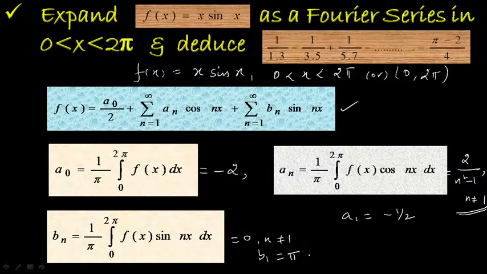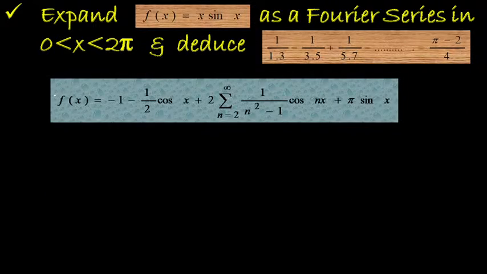Now substituting all these values of b1, b n, a1, a n and a naught in f of x, we get the series f of x equal to minus 1 minus 1 by 2 cos x plus twice sigma n varies from 2 to infinity 1 over n square minus 1 cos n x plus pi sin x.